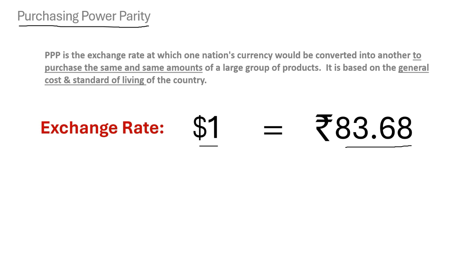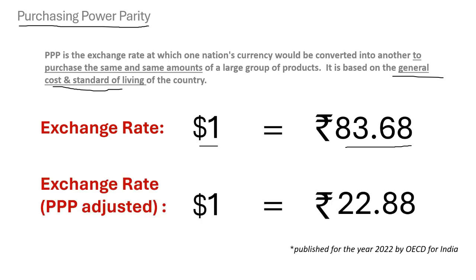As we said, it is based on the general cost and standards of living of the country. The exchange rate after adjustment of purchasing power parity between dollar and rupee is only 22.88 rupees. It may be noted here that the exchange rate fluctuates and is published on a real-time basis. The PPP-adjusted exchange rate is released on a yearly basis by international organizations like OECD.